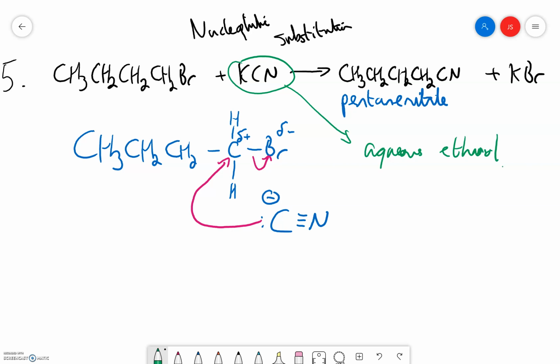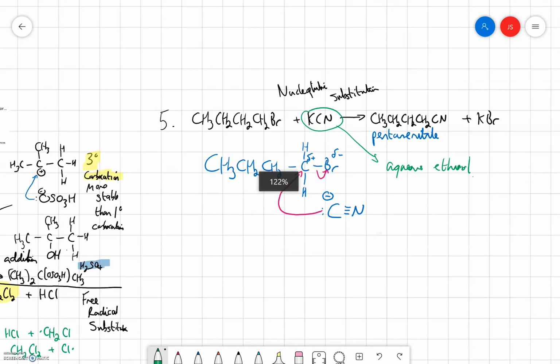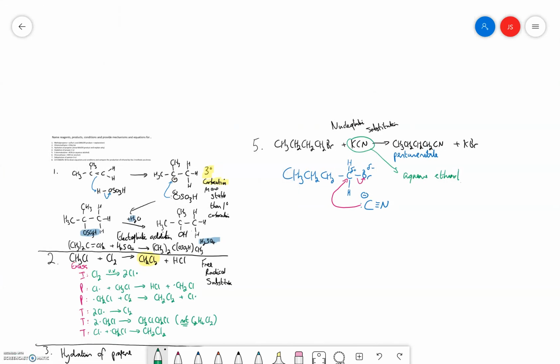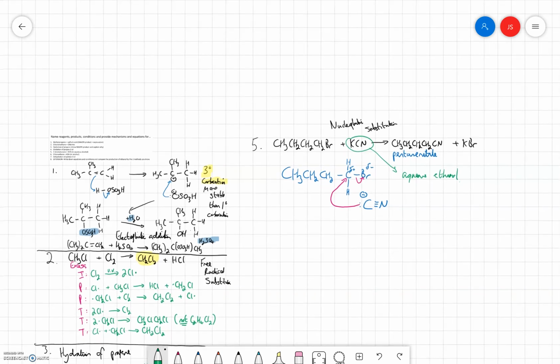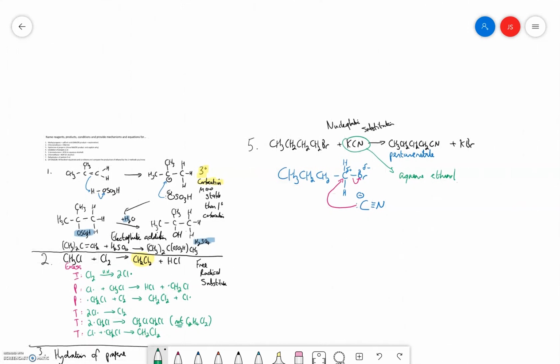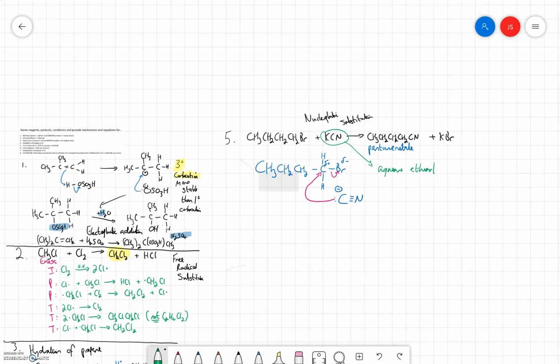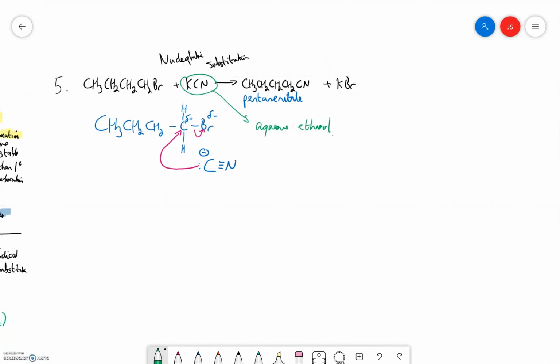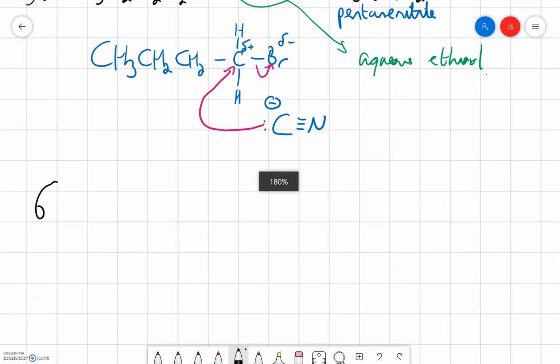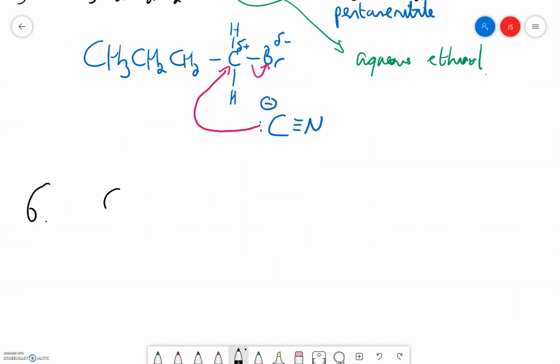Okay. Right, so we'll look at question 6 now, which is the chloroethane plus potassium hydroxide in alcohol. So chloroethane plus potassium hydroxide in alcohol.